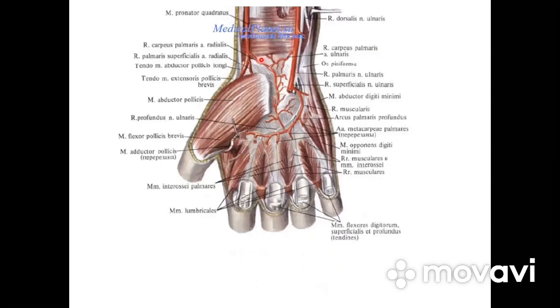On the palmar surface we have the palmar carpal rete, which is made by the help of the palmar carpal branch from the radial and the same name branch from the ulnar artery. It will supply the radial carpal joints, muscle, ligaments, skin on the level of radiocarpal joints and carpal bones.